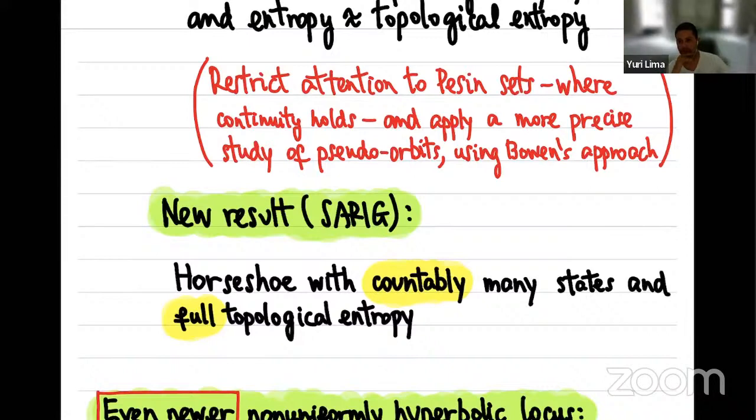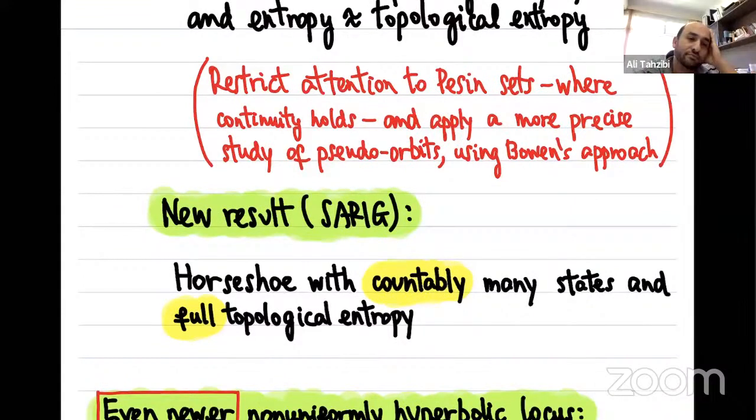Exactly. Global coding. Yes. Because as I told you, it's very important that this coding is finite to one. Exactly. Or at most countable to one. Otherwise, you cannot relate invariant measures. And well, even though the result does not focus on invariant measures, for the purpose of applications, we do apply to them.